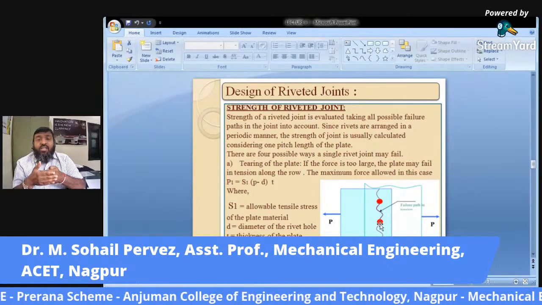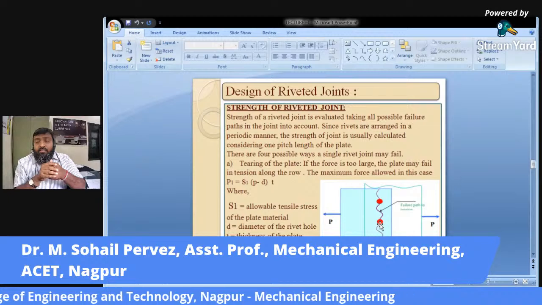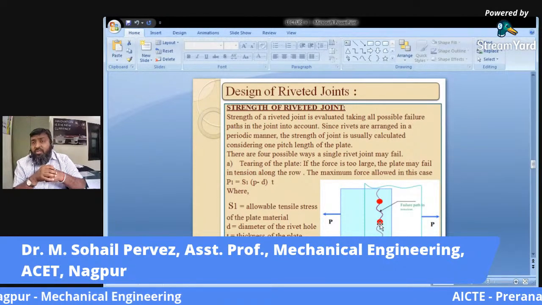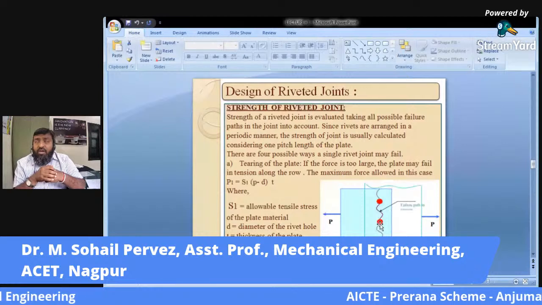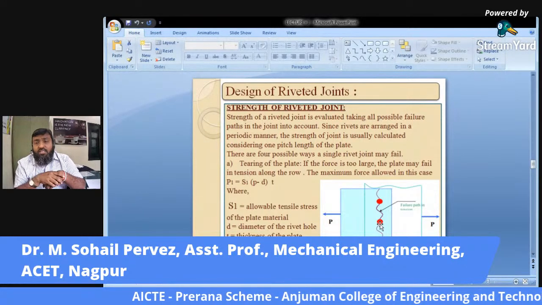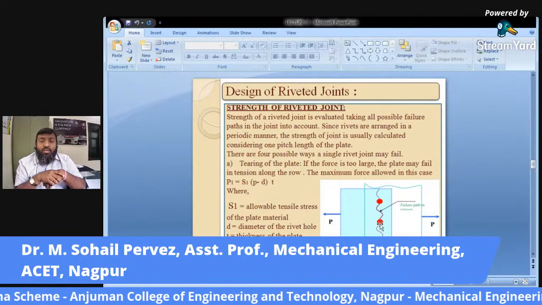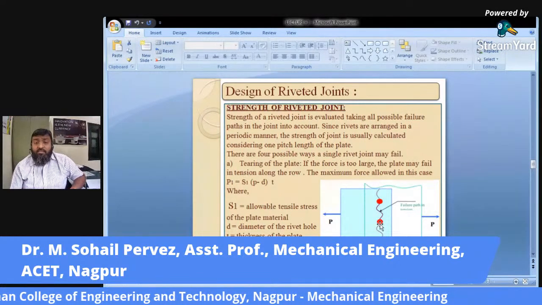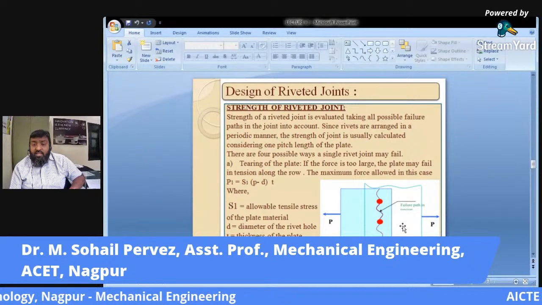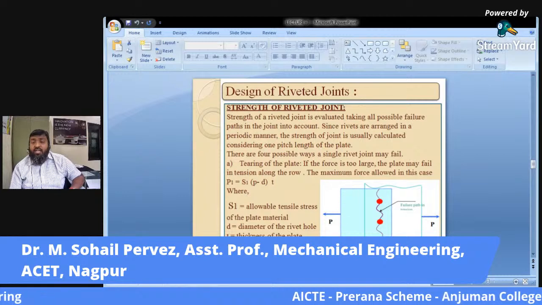That's why the concept of margin M is there. But still we fill that gap with the help of our rivet, which is a strong metal. Generally low carbon steels are used in the manufacturing of rivets. So when it is fitted and pulled, please concentrate on this diagram.